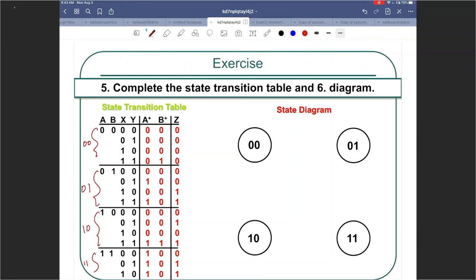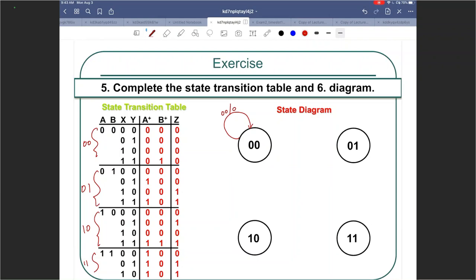So for example, when AB is 0, 0 and the inputs are 0, 0, your next state is 0, 0 as well. And for that, the output is 0, right? So let me say, this is Mealy. So let's see. 0, 0 goes to 0, 0. When the input is 0, 0, output is 0, right?